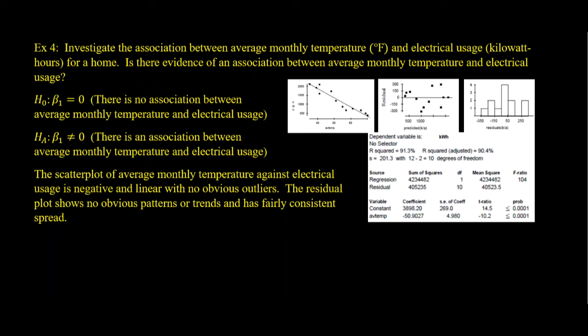Furthermore, the histogram of the residuals is unimodal and roughly symmetric with no outliers.